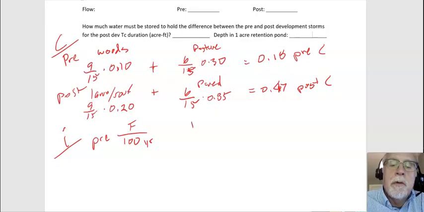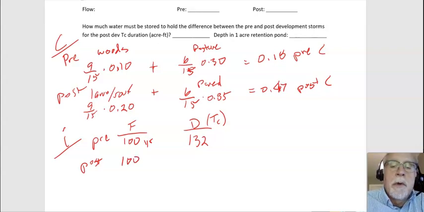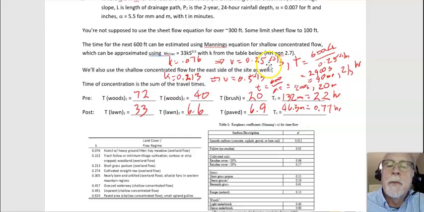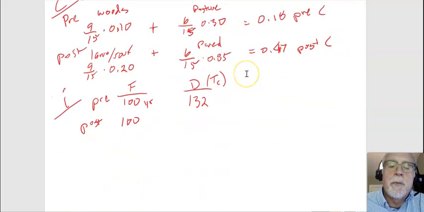The duration is from the time of concentration, which for the pre-development is 132 minutes. For the post-development, we'll again do the 100-year. For the duration, I'm going to use, what was our number again? 46 or 47 minutes.